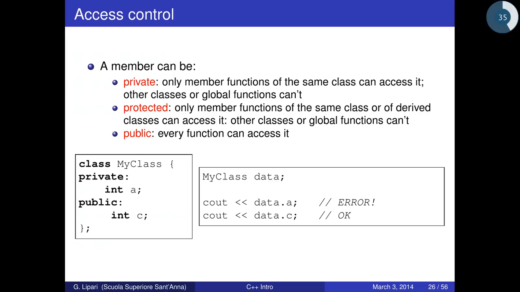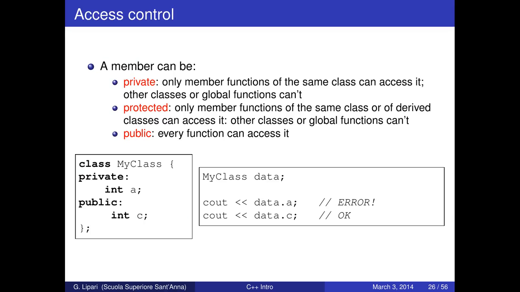As you have seen, we can already specify access control for variables. So basically a member can be either private or protected or public. When a member is private, only member functions of the same class can access it.